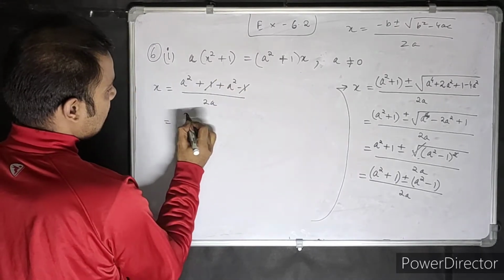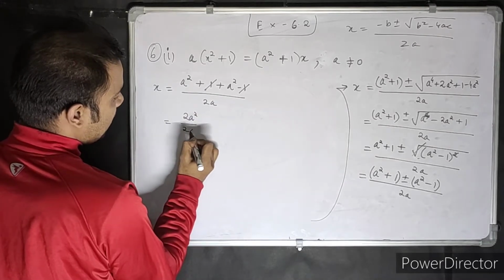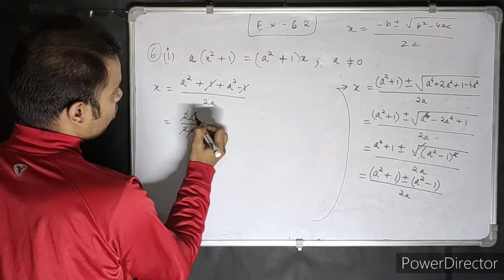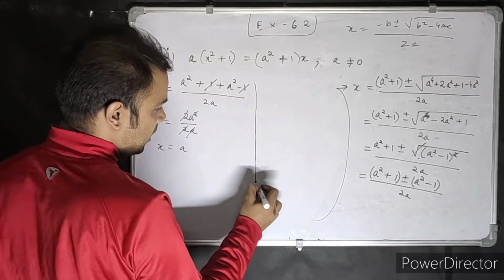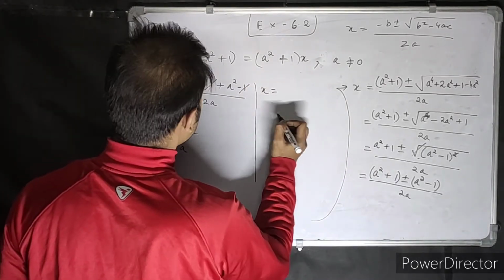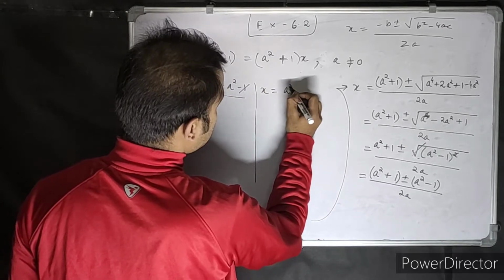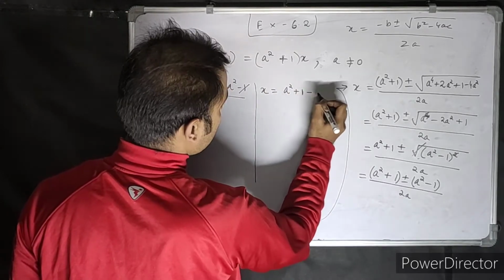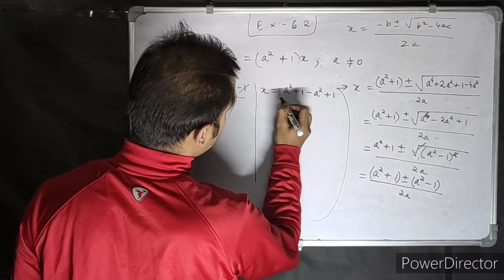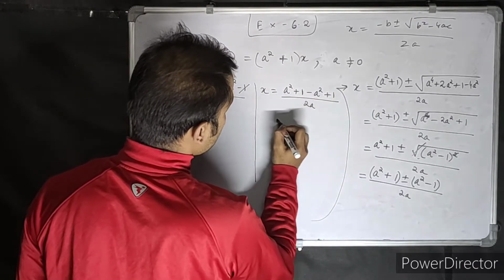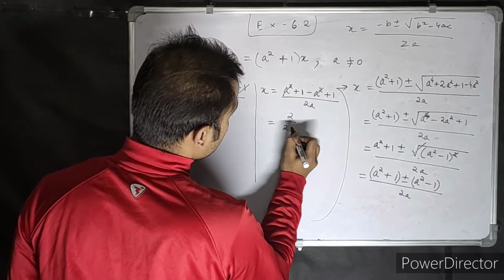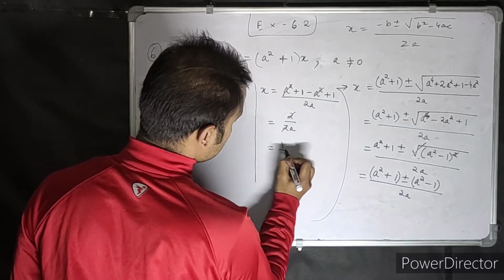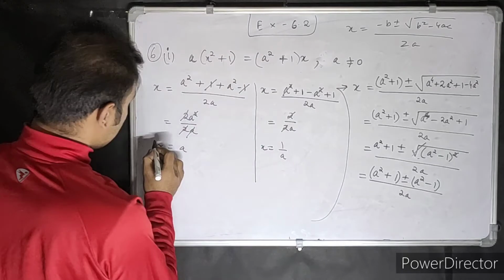Cancelled out. That is 2a square by 2a. Cancel. 1a is left. x is equal to a. And the next one is x is equal to a square plus 1 minus a square plus 1 divided by 2a. So cancel these two out. This is 2 by 2a. Cancel. This is 1 by a. So two answers.